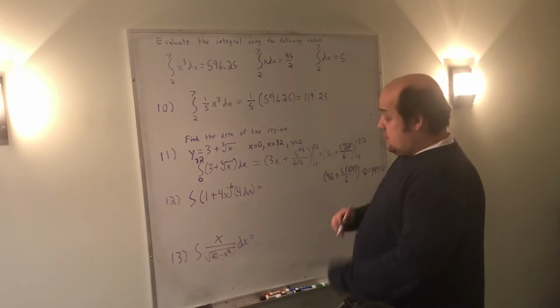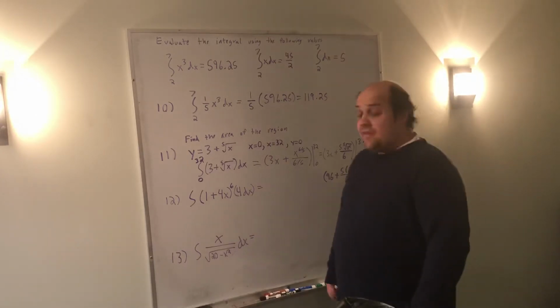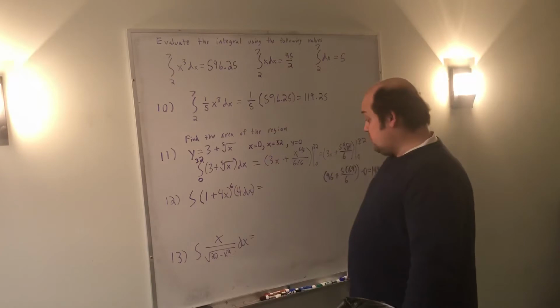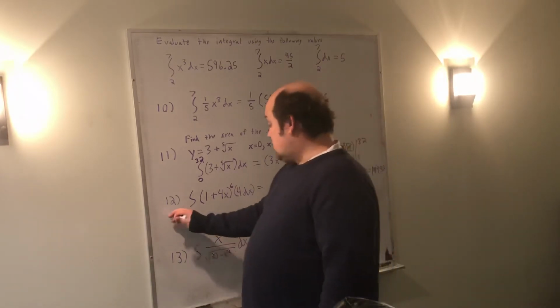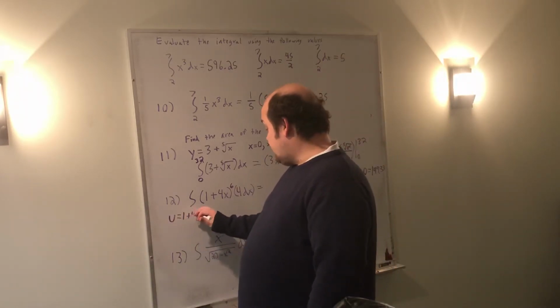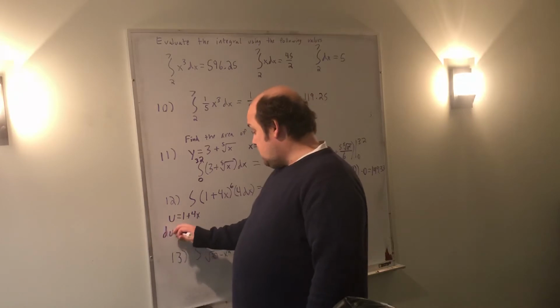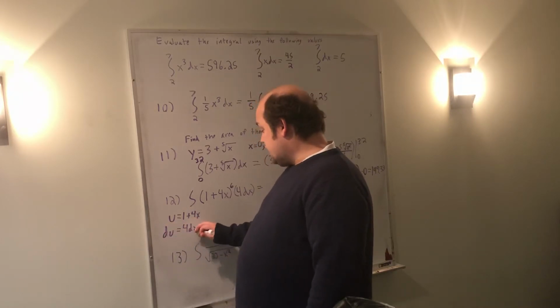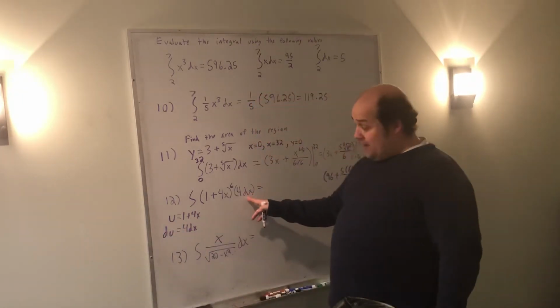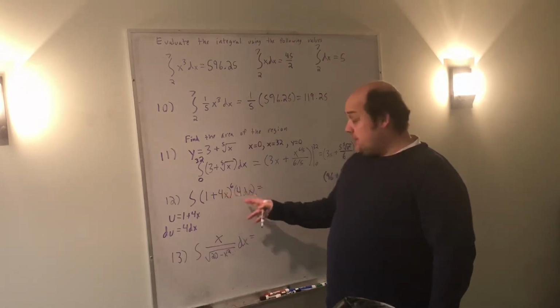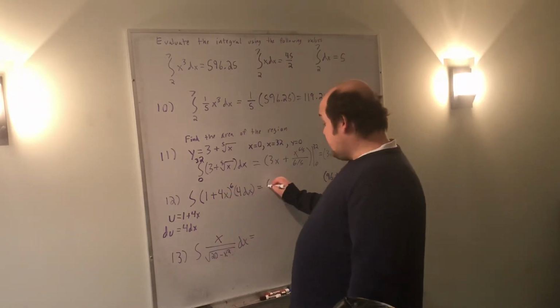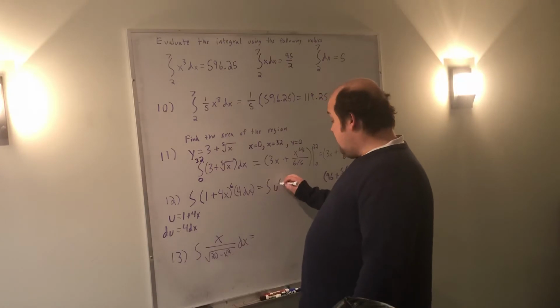Problem 12 is an indefinite integral where we need to use u substitution. In this case, u equals 1 plus 4x, du equals 4 dx. We already have 4 dx, so I don't need to change the equation any. I can just rewrite it as the integral of u to the 6th du.